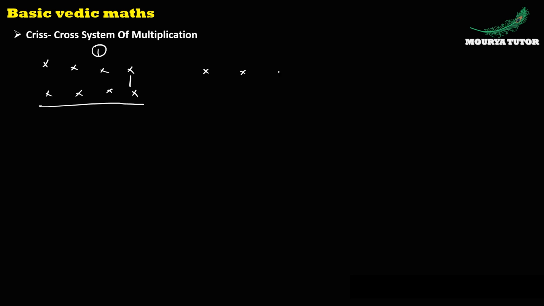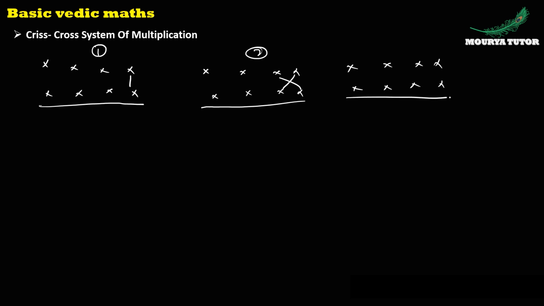In the second step you will do the multiplication between these two numbers. In the third step you will do cross multiplication between these three numbers.